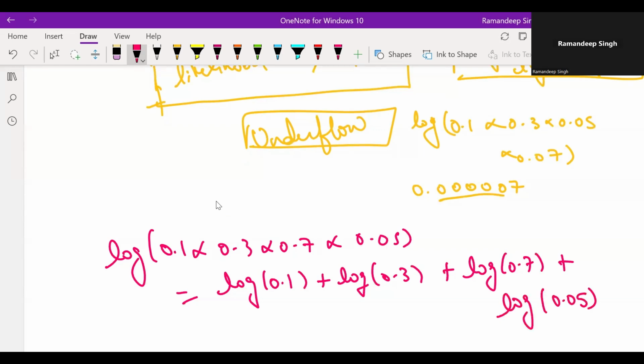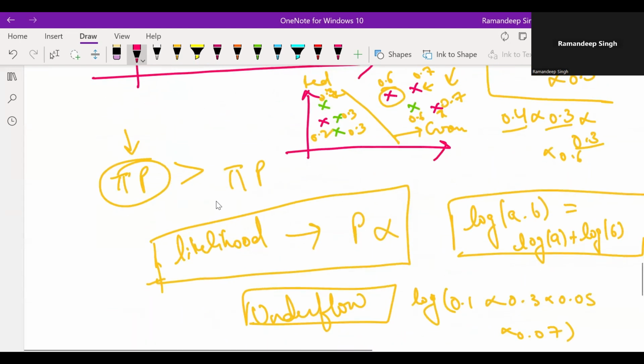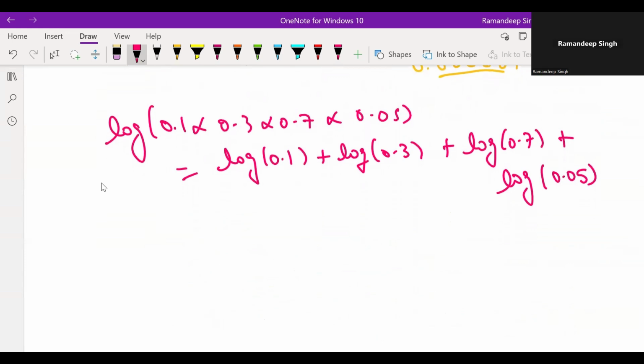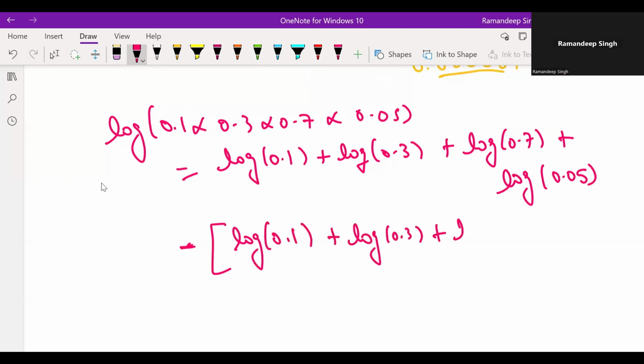And remember that till now it is a problem of maximization, right? Because we want to maximize this likelihood value, which will imply that yes, we have most of the correct classifications in this model, right? But what if I simply introduce a negative sign? Then it will become the negative of log of 0.1 plus log of 0.3 plus log of 0.7 plus log of 0.05, right?